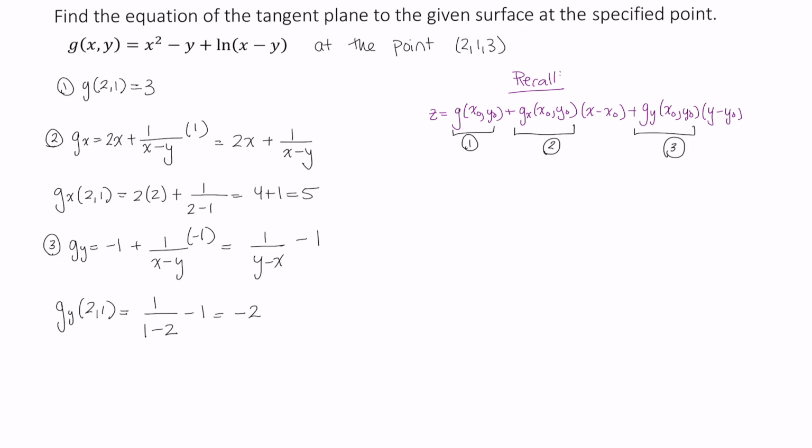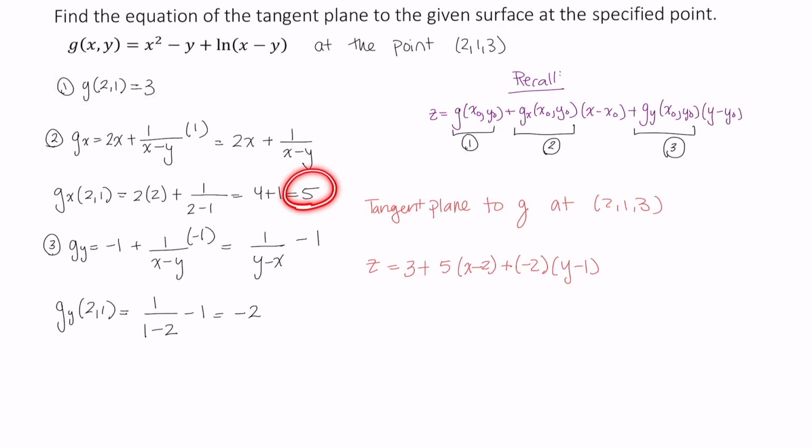Okay, so the tangent plane to g at (2, 1, 3) is given by z is equal to 3 plus 5 times x minus 2 plus negative 2 times y minus 1. And if you're not seeing where these came from, this is the 3 here. This is our partial derivative with respect to x evaluated at the point times x minus the x value.